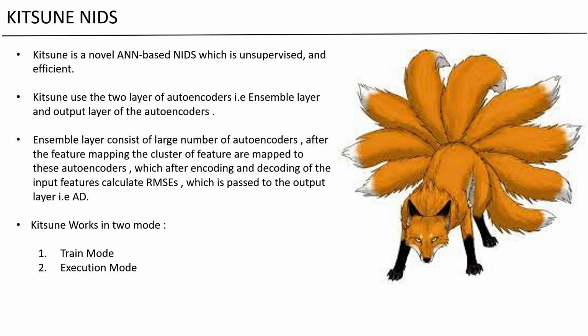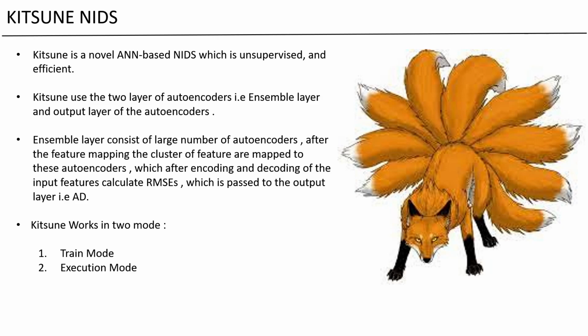Each autoencoder in the ensemble is responsible for detecting the anomalies related to a specific aspect of the network behavior. The ensemble layer consists of a large number of autoencoders. After the feature mapping, the clusters of features are mapped to these autoencoders, which, after encoding and decoding the input features, calculate the RMSE, which is passed to the output layer, that is the anomaly detector layer.